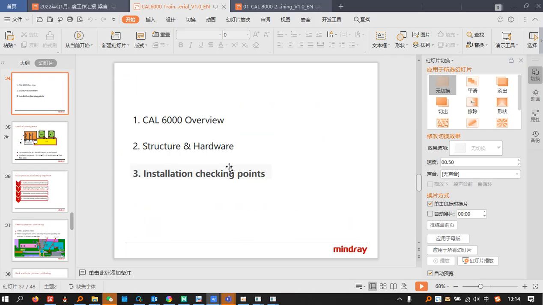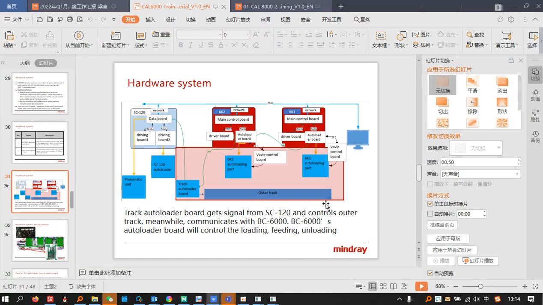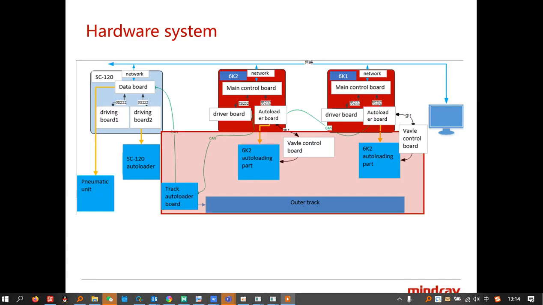I mean, you may forget to connect the CAN bus between the autoloader board and the main unit, because you need to jack the cable out of the track, otherwise you can't find it.